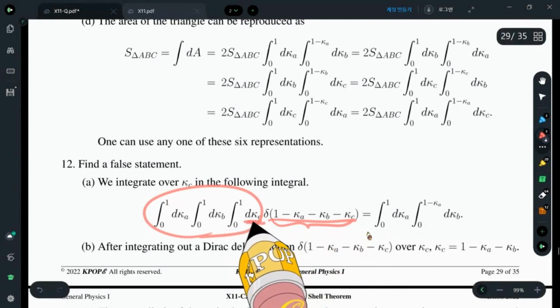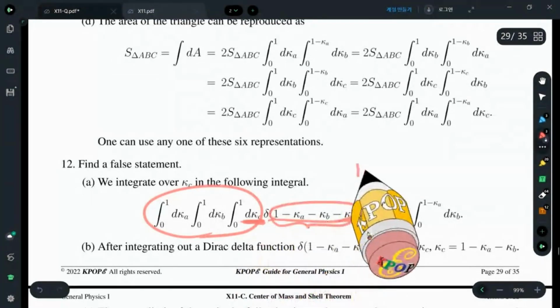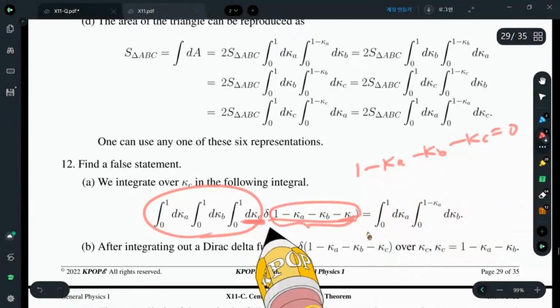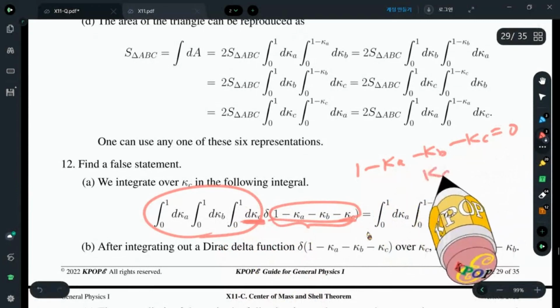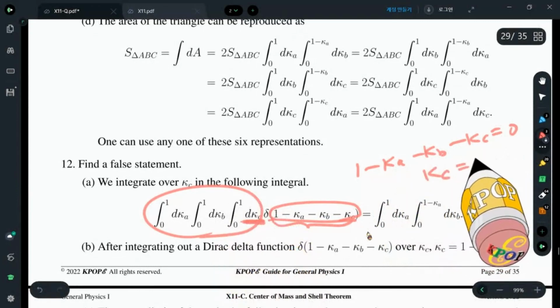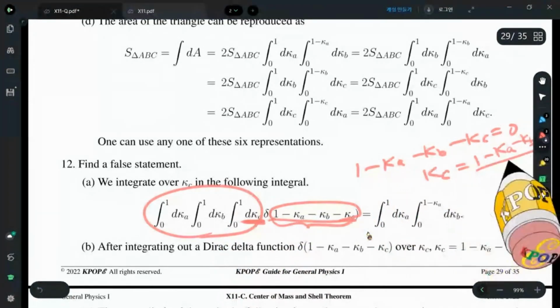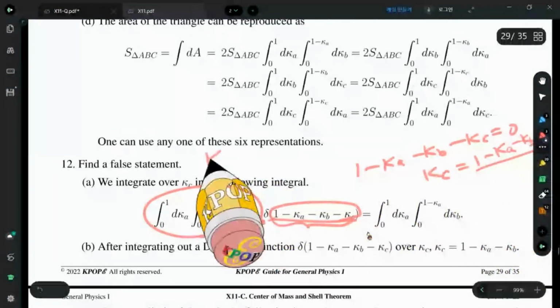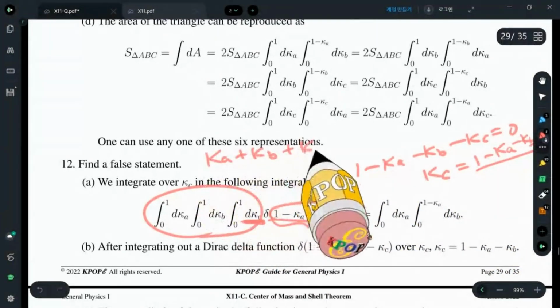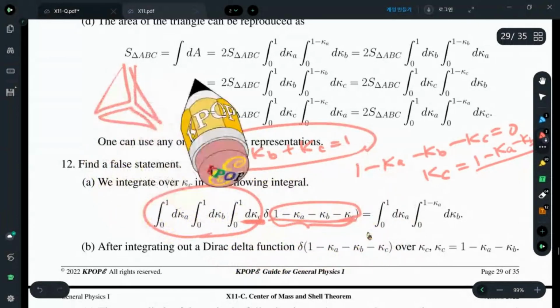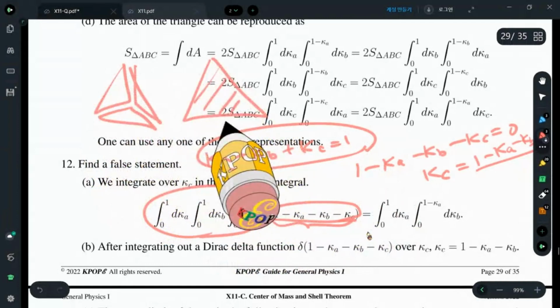For example, if I integrate over this, what I have to do is just replace this one with the argument, which is 0 after this integral. That means after this integral, kappa c is replaced with 1 minus kappa a minus kappa b. That means, if we rewrite this one, kappa a plus kappa b plus kappa c equals 1. What is that? The area of the sub-triangles is just the whole triangle's area, the simple one.